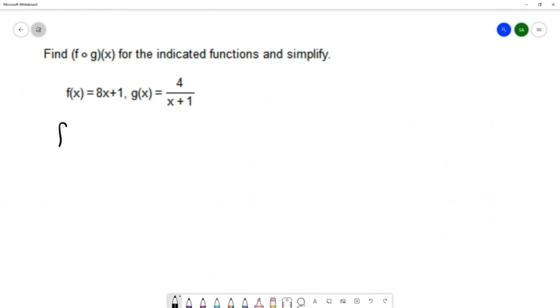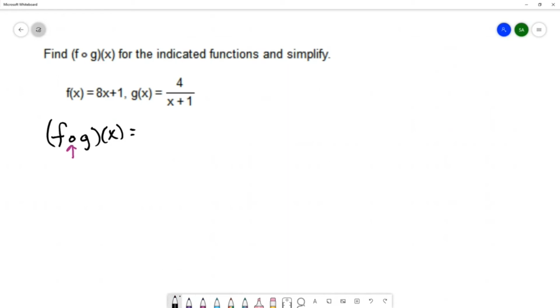So these symbols, f composed with g of x, this symbol here is an operation on functions, and that operation is substituting one of the functions inside of the other function.